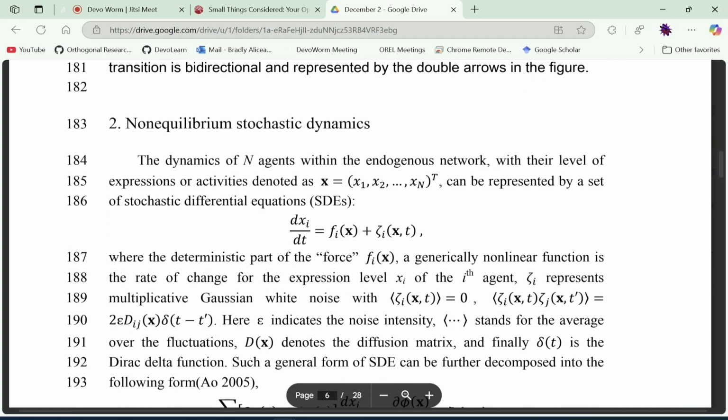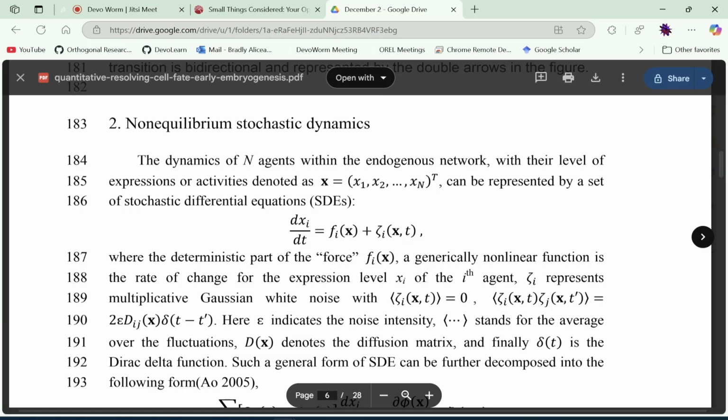And then they work on building this non-equilibrium stochastic dynamical model. So this is where we have these stochastic differential equations that they build. So the dynamics of n agents within the endogenous network, which are these nodes, with their levels of expression or activities denoted as a set of x, can be represented by a set of stochastic differential equations.